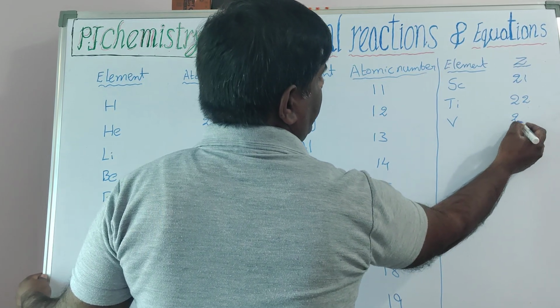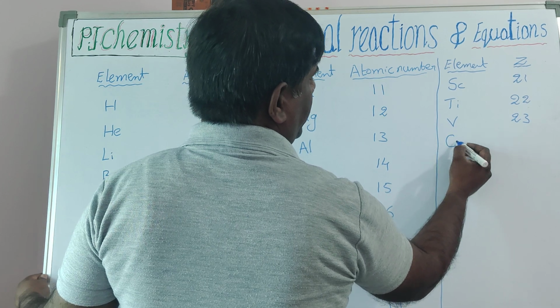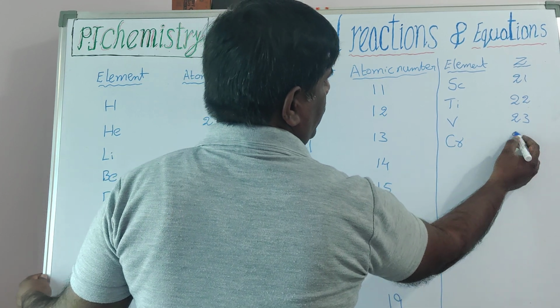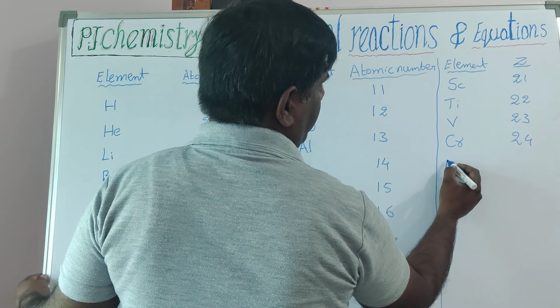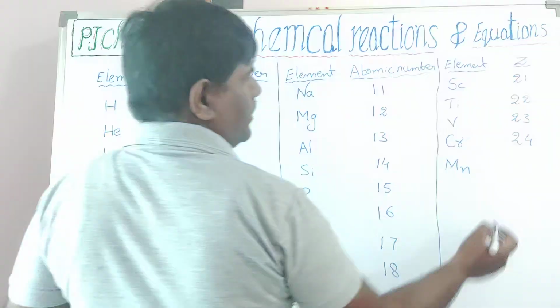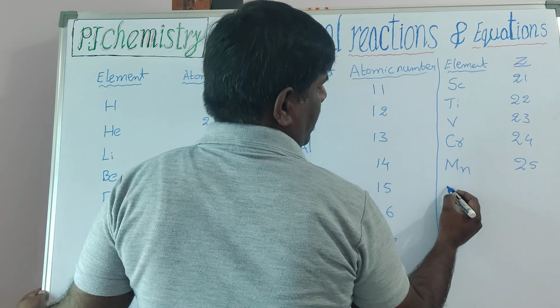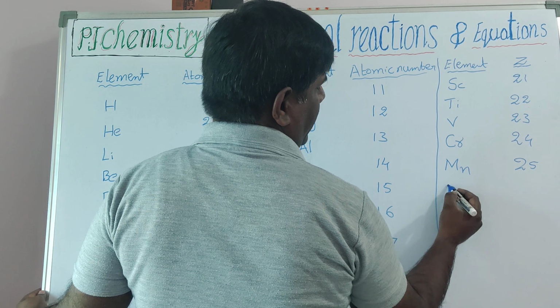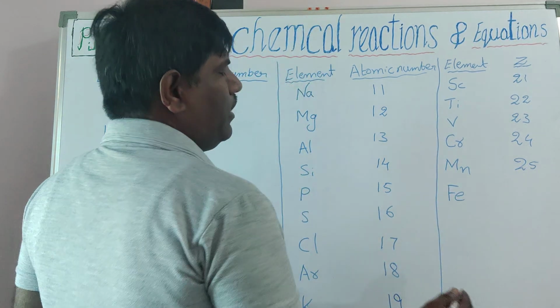Vanadium 23. Chromium 24. Manganese, Mn, 25. Iron, taken from the Latin name, symbol is Fe.